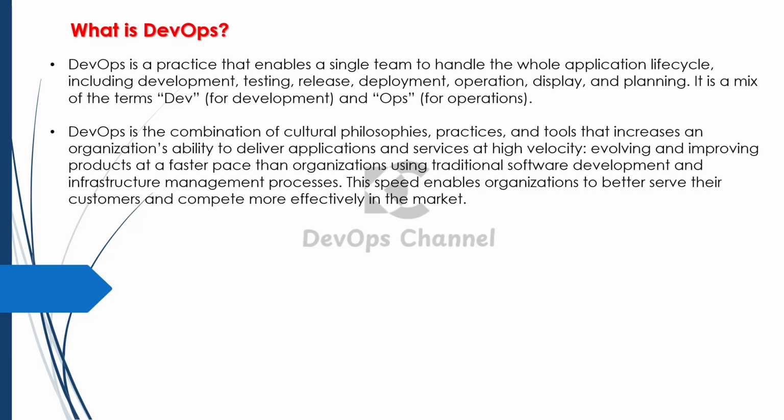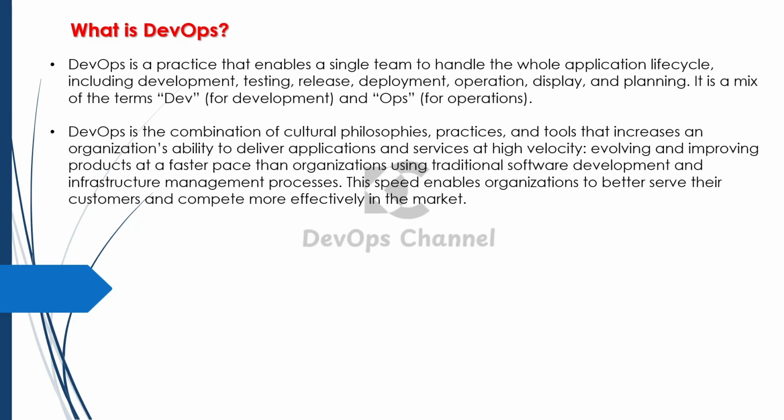We are following a continuous approach, but that does not mean it provides a bad product or works at slow velocity. No, it provides speed and also a good quality product, evolving and improving products at a faster pace than organizations using traditional software methods.